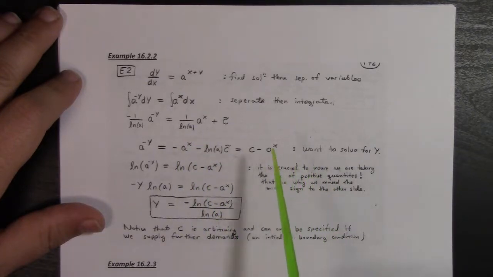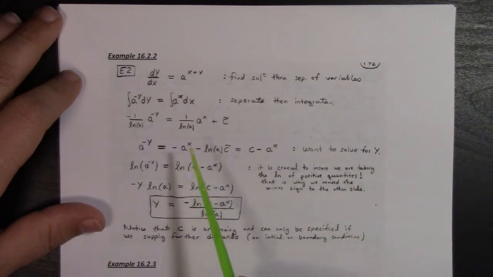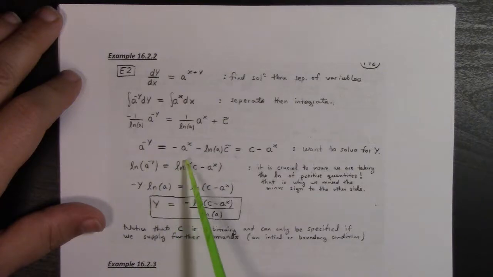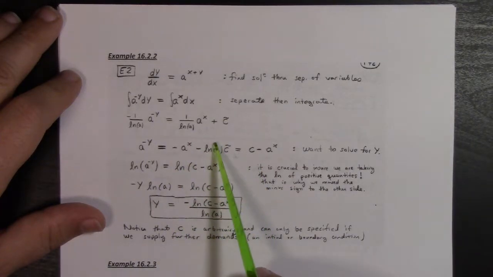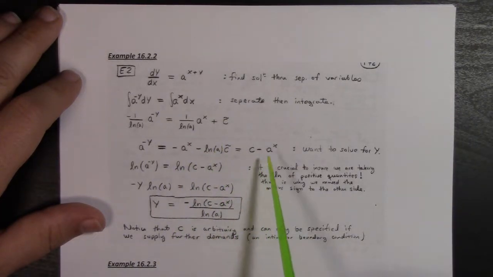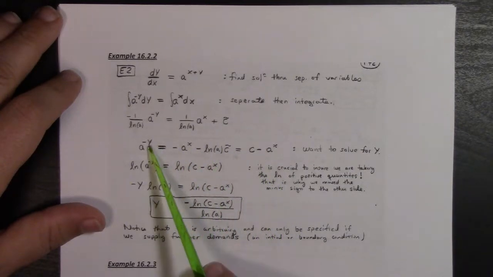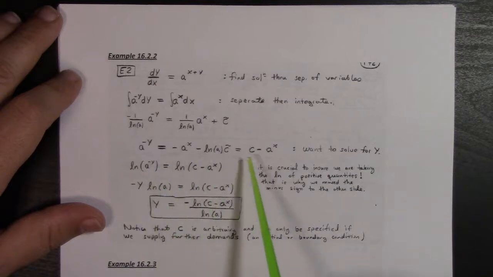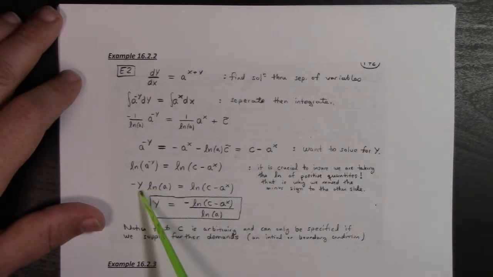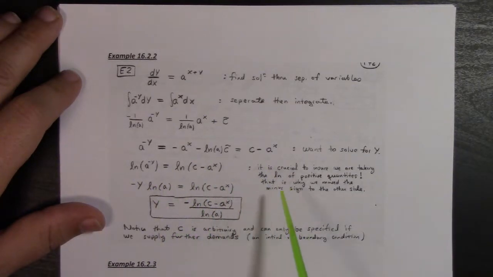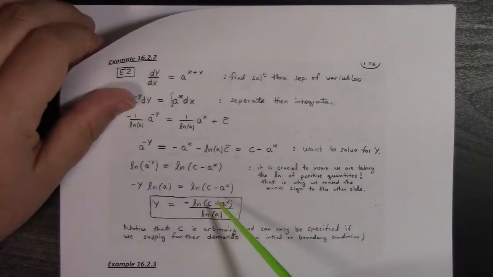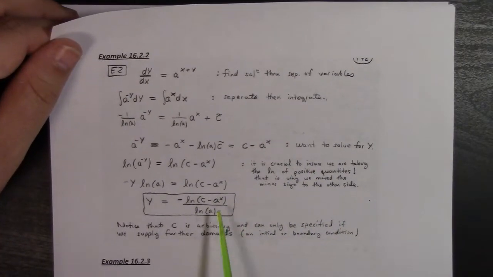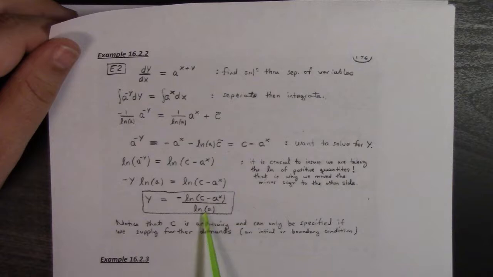And then what am I doing? I want to solve for y. So I called this thing c. So I have c minus a to the x is equal to a to the minus y. And take the natural log of both sides. That gives me minus y times natural log a. And there you go. So y is equal to minus the natural log of c minus a to the x, over natural log of a.